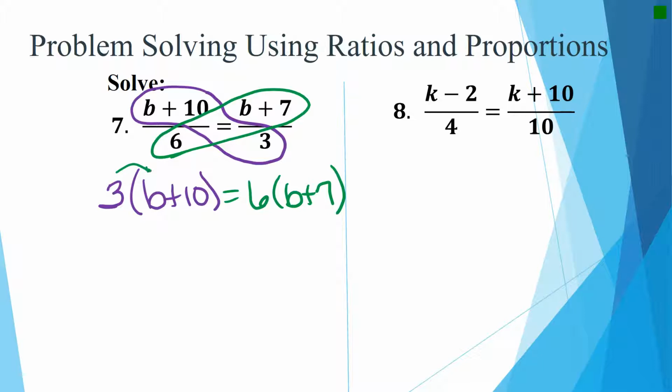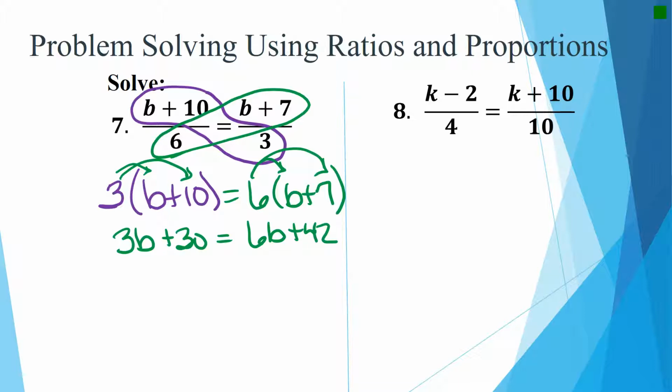So I've got distributive property over here, so it's 3b, 3 times 10 is 30. Got distributive property over here, 6b, 6 times 7 is 42. Remember, when I have variables on both sides, I'm going to take the variable from the right over to the left. That's just the way I do it.